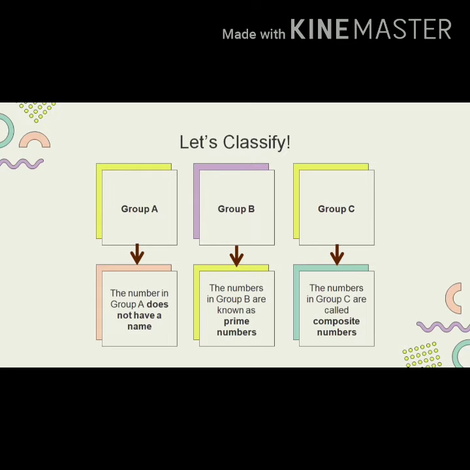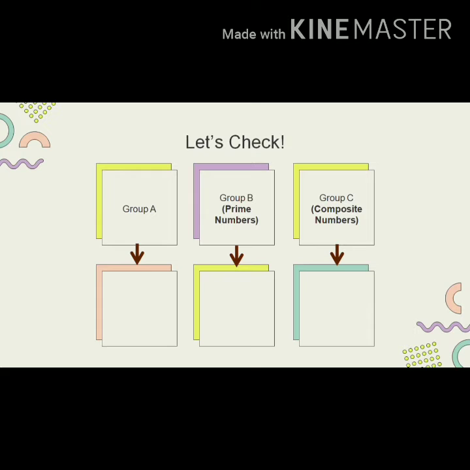Let's recheck your answer. Group A. Remember that group A contains a number with exactly one factor. So the answer is yes, only 1. How about group B? Group B are prime numbers, containing exactly 2 different factors. So there are 2, 3, 5 and 7.